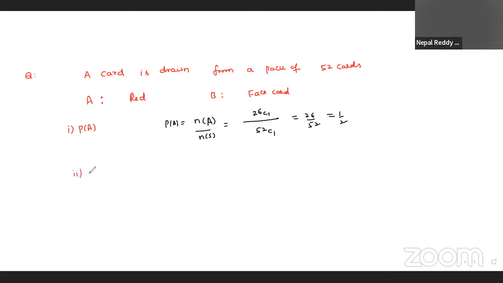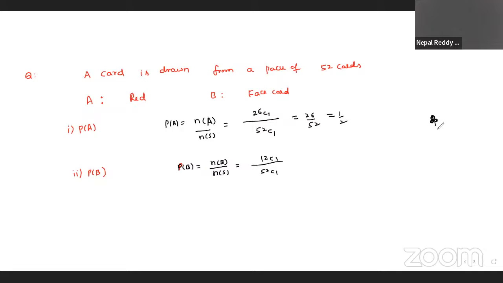Next, second one, probability of B. By the definition, probability of B equals N of B divided by N of S. N of S is 52C1 and N of B, that is face cards. Total how many face cards are there? 4 into 3, 12 total. Why?